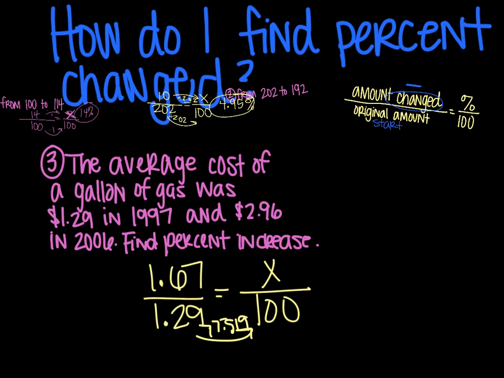77.519. Okay, there's some more decimals there, but then we're multiplying. So $1.29 times the 77.519 will give me an answer of 100.